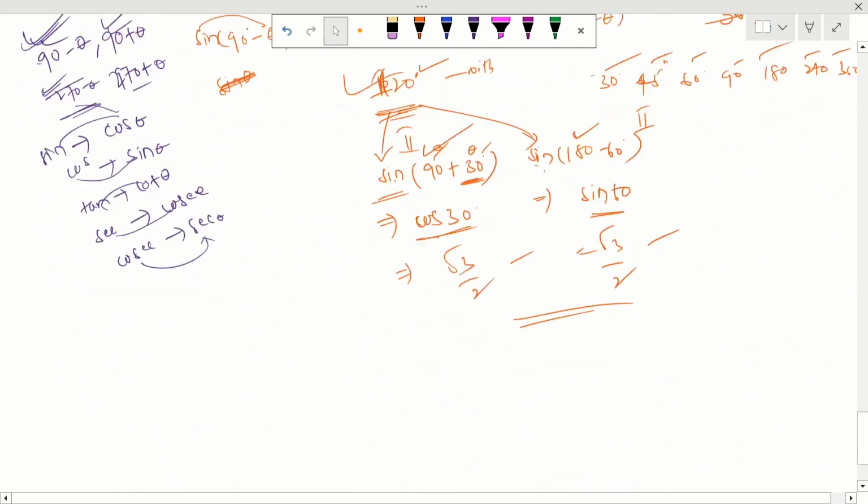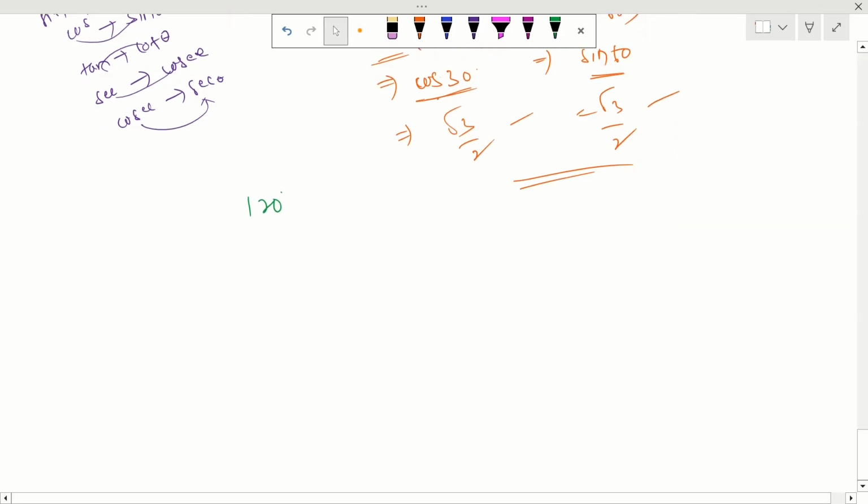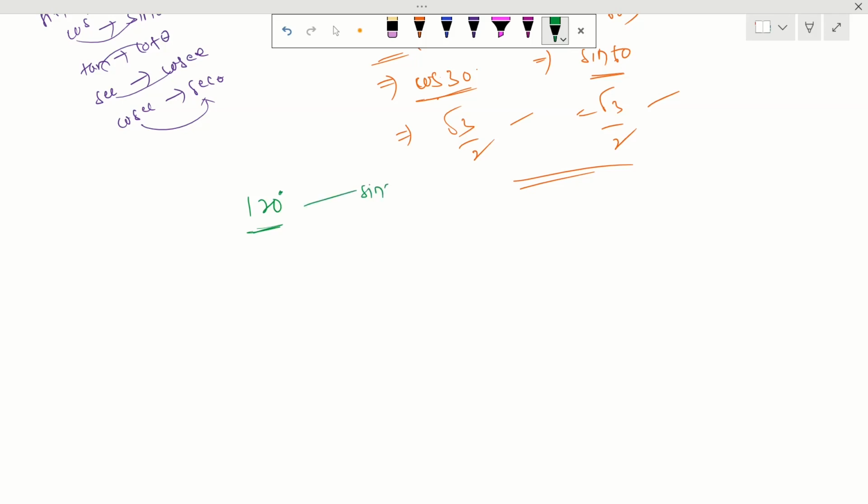Okay, suppose I am giving an example here: find the value of sine 120 degree and cos 120 degree.